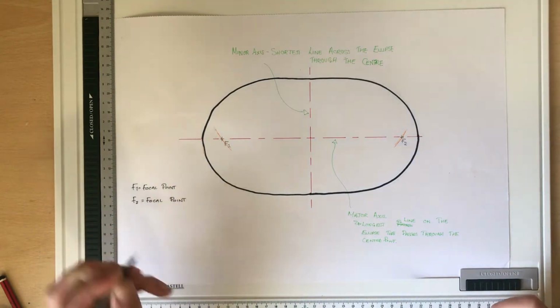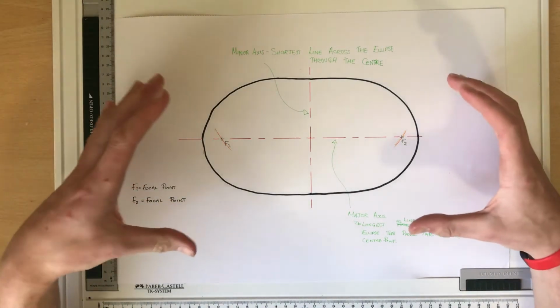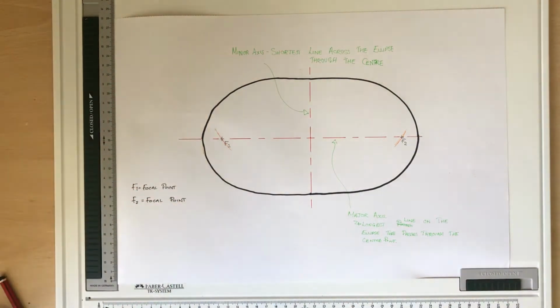Focal points are extremely important with regard to ellipses, as how long the ellipse is, or how close to circular it is, is determined by how far apart they are.